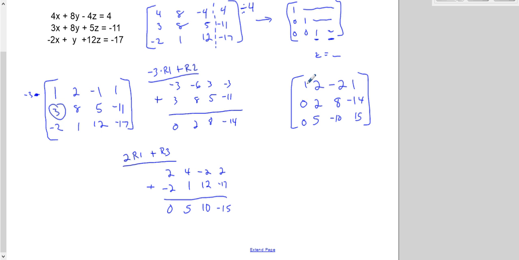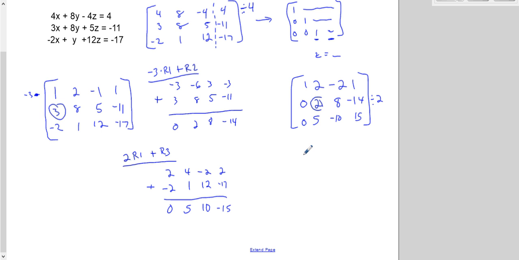And as you can see, I have my 1 up here on the top left. Underneath it, I have my zeros. So now I need a 1 right there. So I'm going to divide by 2. Now, it doesn't matter if I get fractions over here or not. I just have to get that to be a 1. So I have to divide by whatever that is so that I can get a 1.